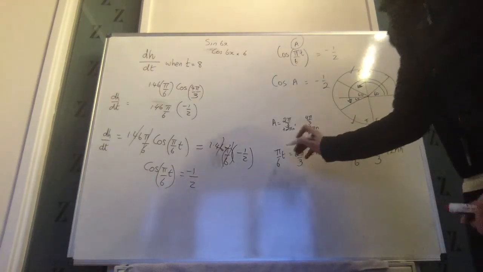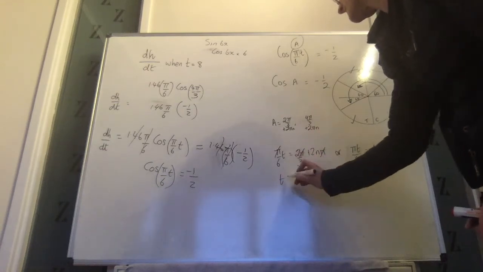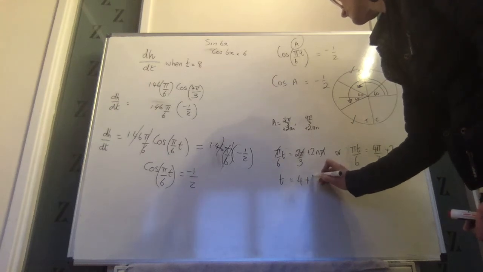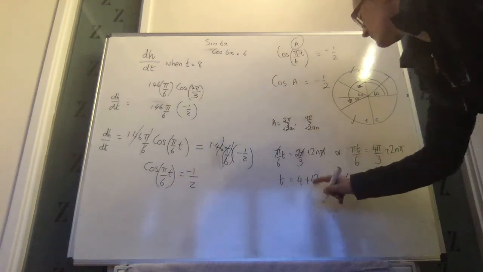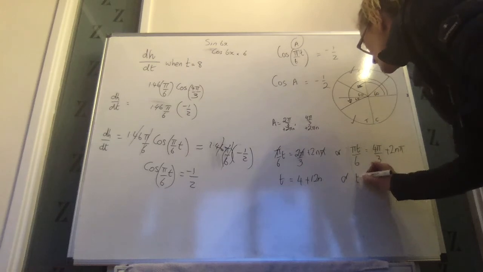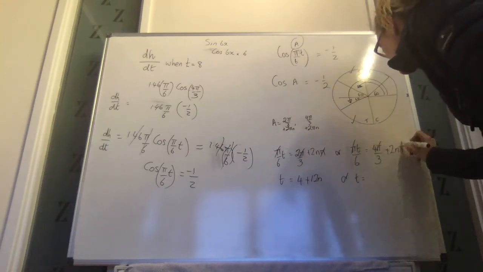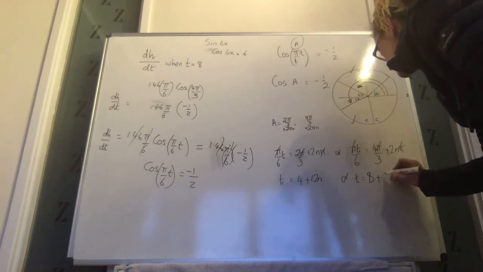Now we can divide by pi and multiply across by 6. t is equal to 4 plus 12n, for n equal to 0, 1, 2, 3, 4. Or, multiplying across by 6 and dividing by pi, t is equal to 8 plus 12n.